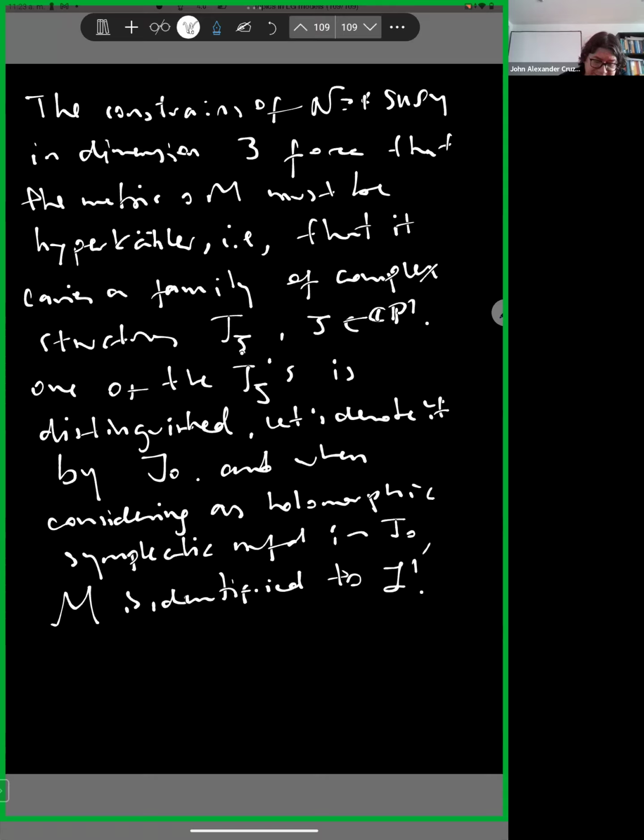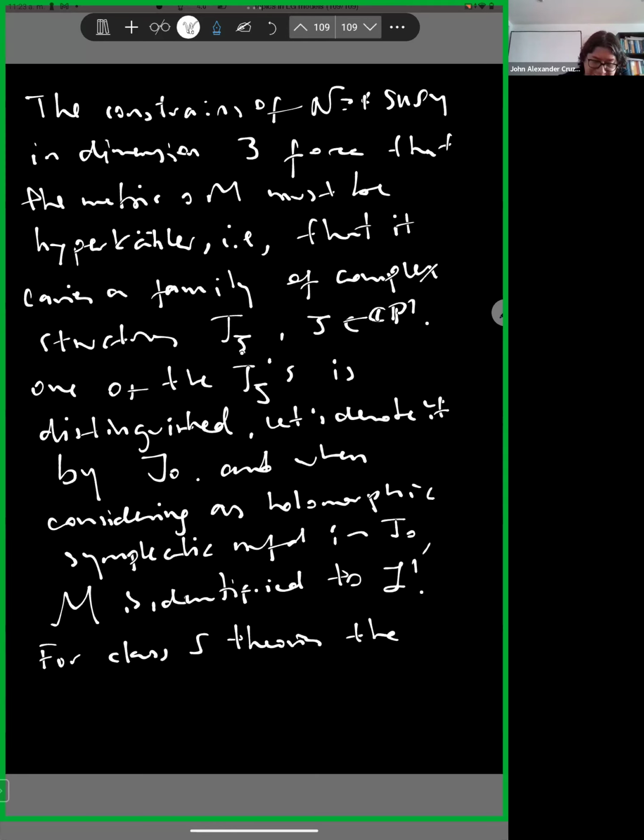So for class S theories, we have this compactification. If the four-dimensional theory came from the reduction of a six-dimensional theory, a class S theory, then the complex integrable system we get is a Hitchin system.